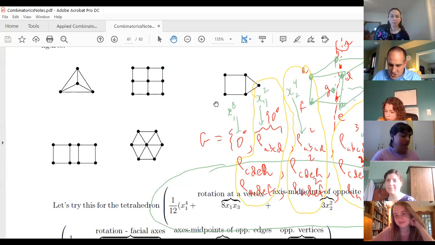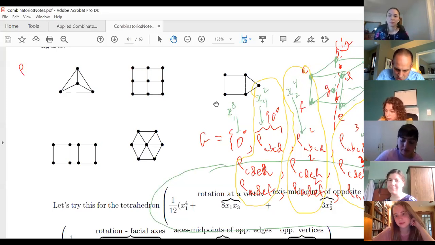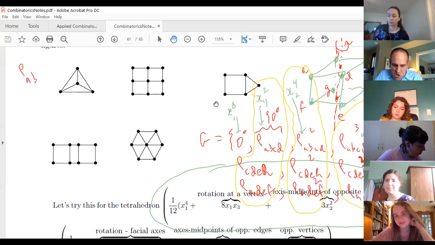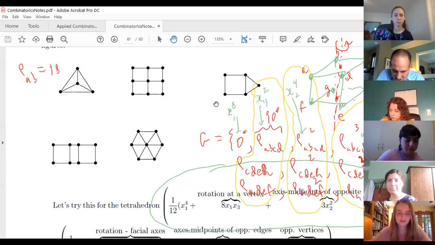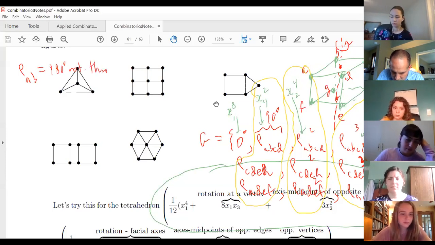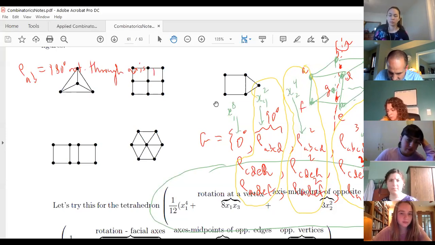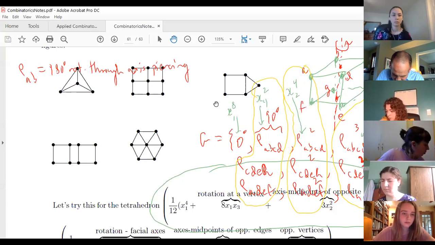I think you guys get the picture here. So opposite edges. Like you're thinking something like row AB. So row AB is going to be a 180-degree rotation through an axis piercing which edges?